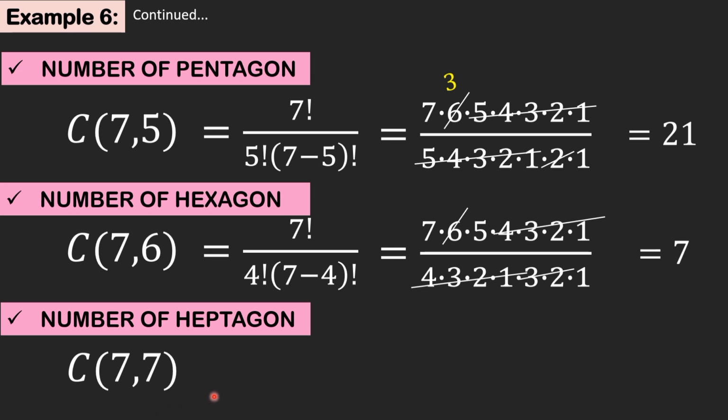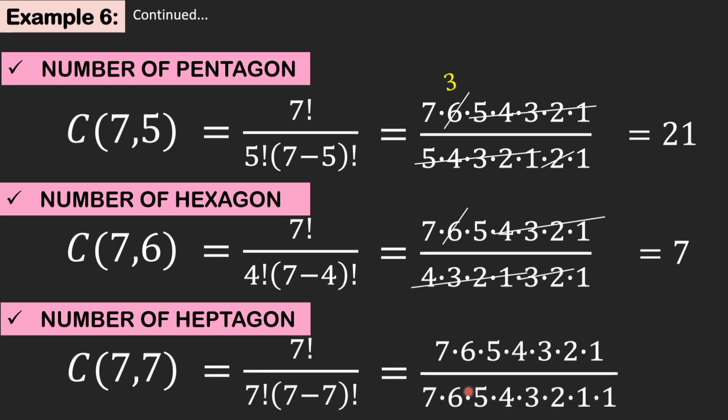Substitute the given n and r, that is 7 and 7, to the formula. Expand, simplify by cancellation. Then this is equal to 1.